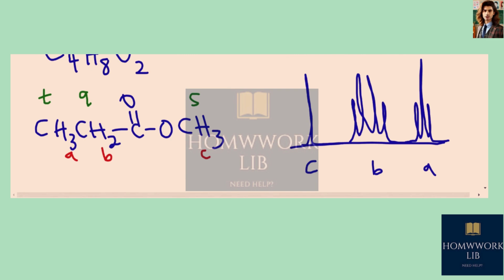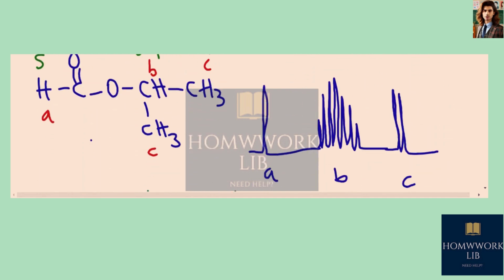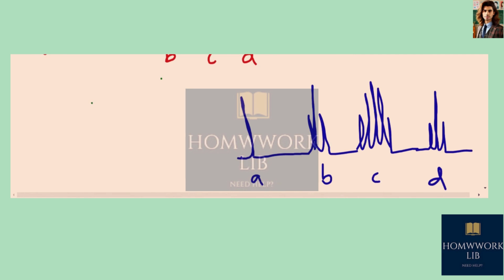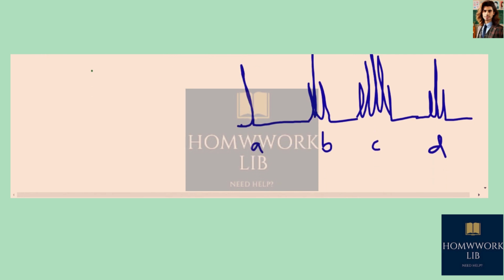So we can use the positions of these peaks and the order of the peaks, like where we see the multiplicity, what comes next, and the arrangement of these peaks to distinguish between these 4 types of esters that have the molecular formula C4H8O2.